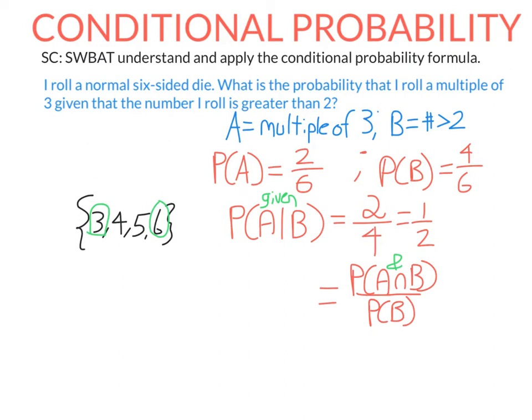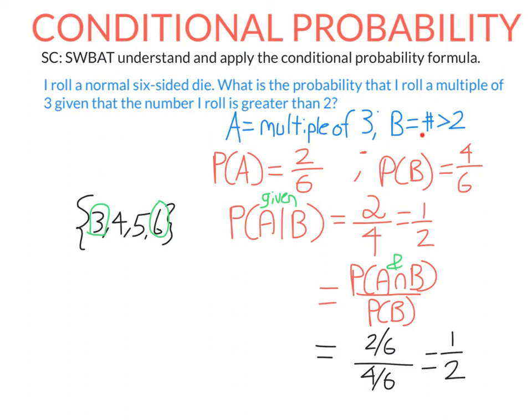The probability of A and B, the probability I roll a multiple of 3 and a number greater than 2, is still 2 over 6. I can have that happen 2 ways out of 6 in total. The probability of B, as I figured out, was 4 over 6. So 2 over 6 divided by 4 over 6, you can use your calculator, I get a half. I get exactly the same answer. This is the formula that you need to know.